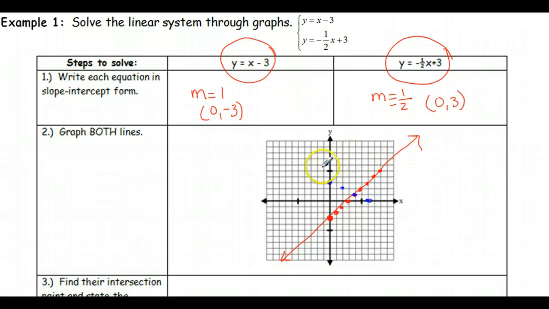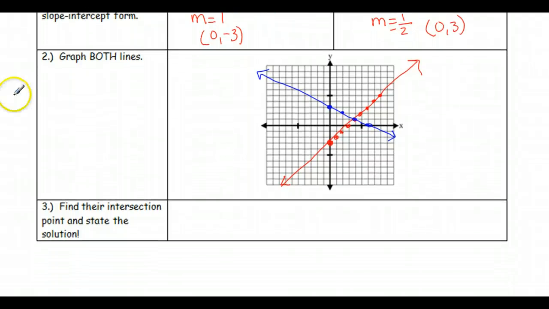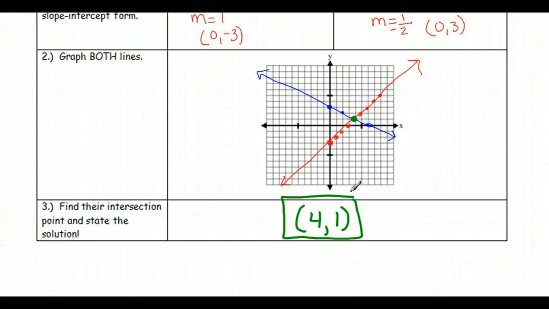And I could keep going, but I really don't need to since I can see where my lines have already crossed. So the next step is simply to identify that ordered pair. And again, if I look right here, this is where the two lines intersect, which is an ordered pair of 4, 1. So the solution to this problem is 4, 1.